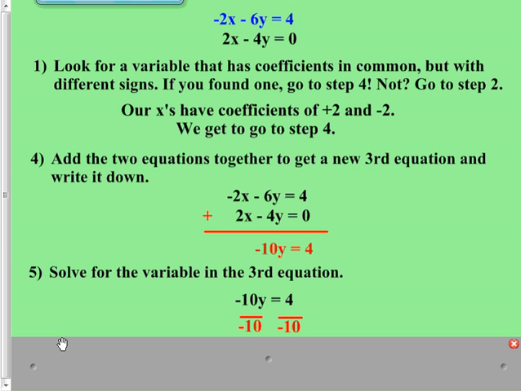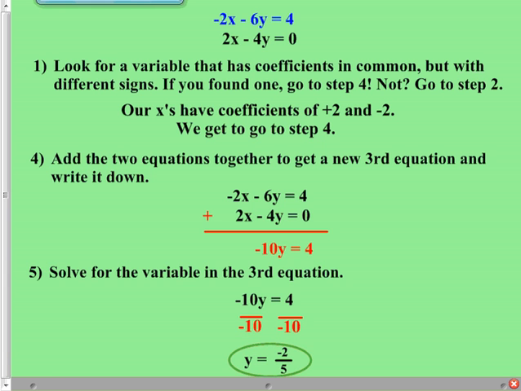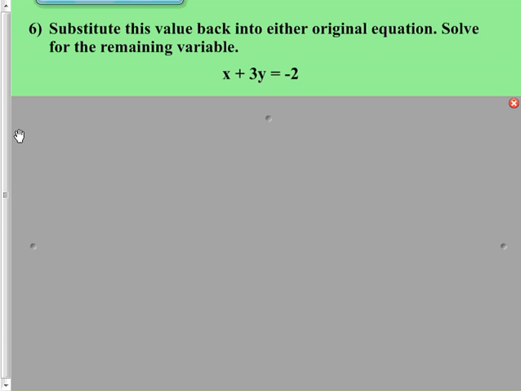And that will give us a value of y equals 4 over 10, which reduces nicely to 2/5, and a positive divided by a negative is always negative. So our y value is negative 2/5. Step 6 tells us to substitute this value back into either original equation and then solve for the remaining variable.